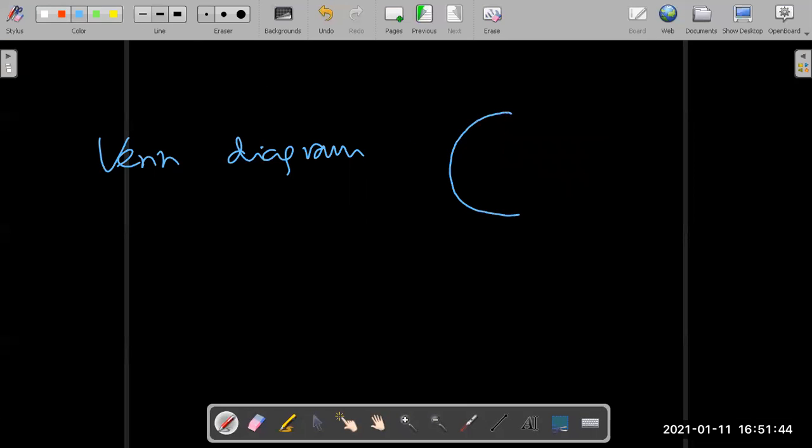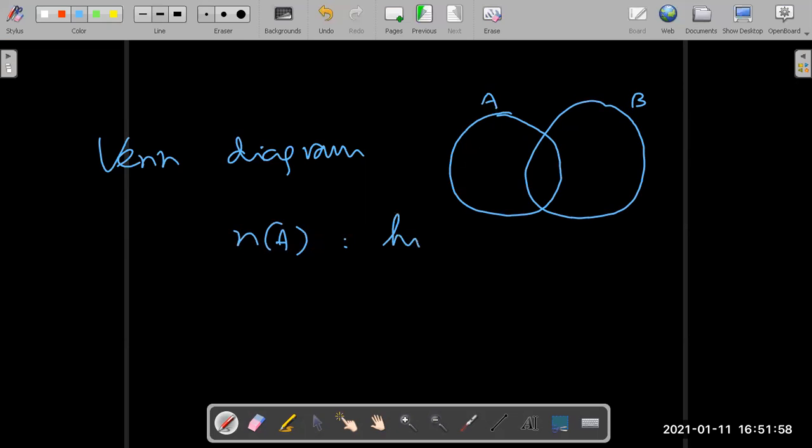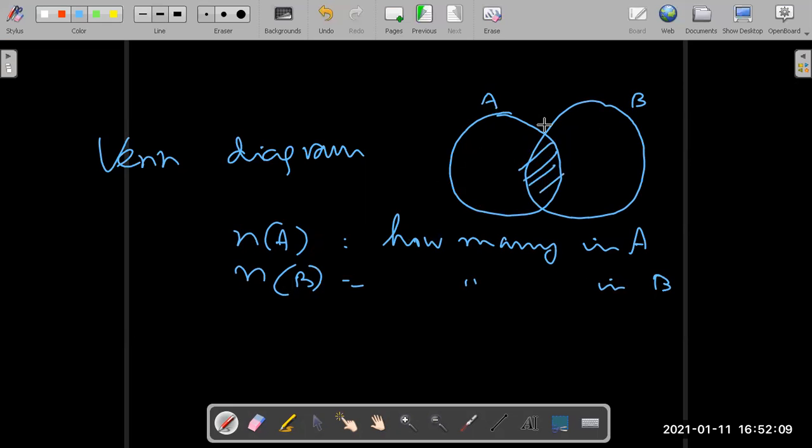For example, you have a set A and you have a set B. N of A means how many are there in A? N of B means how many in B? This overlap is nothing but A intersection B, and we write that as N of A intersection B.